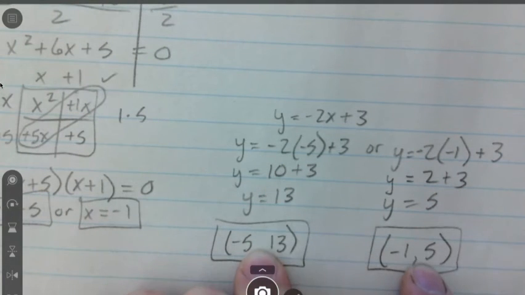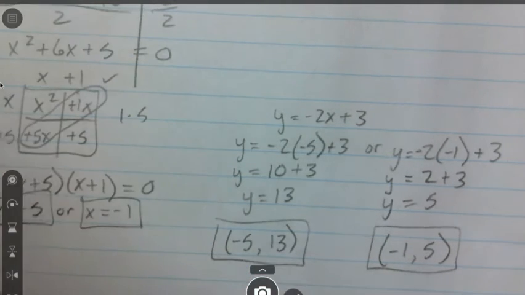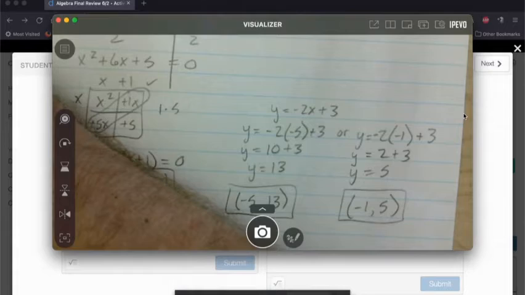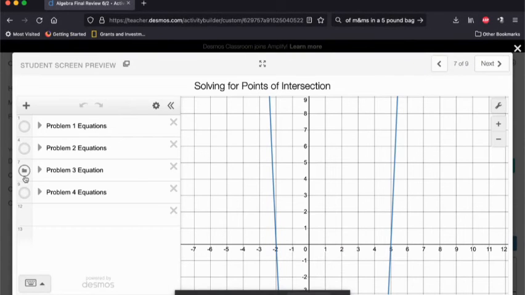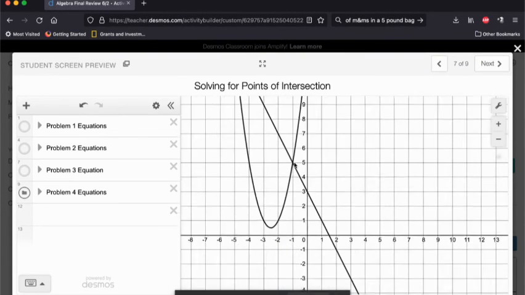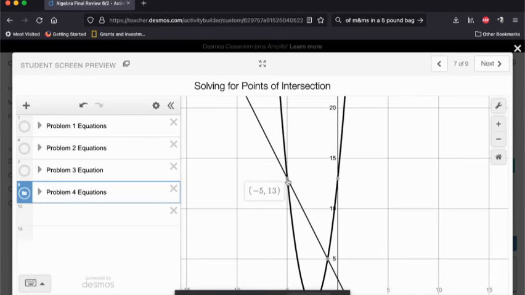And when we solved, these were the two points of intersection that we came up with. All right. And lastly, if we take a look at this graph here, you can see, sure enough, that we have one point of intersection at (-5, 13) and one at (-1, 5).